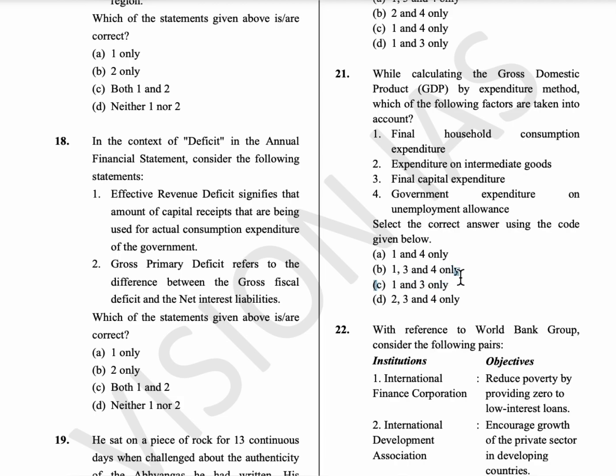So option C. We will not take expenditure on intermediate goods because these are intermediate goods. They asked about gross, that is final. So these will not be included, and the government expenditure on unemployment allowances, even these also will not be included. So only 1 and 3.